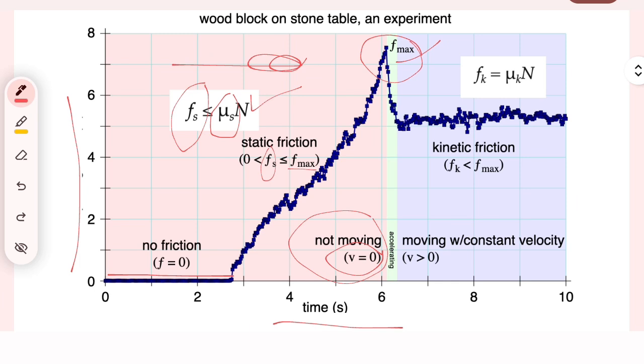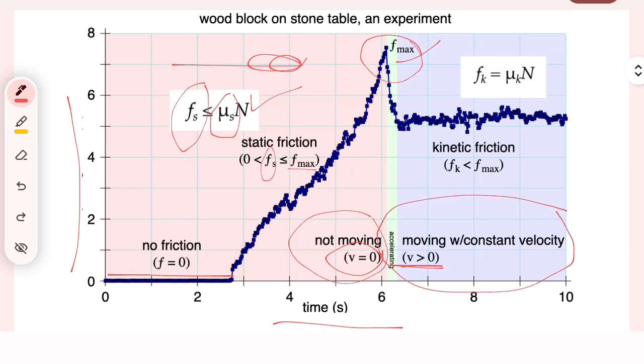Then, when the box starts moving, it would now be in this part of the graph. There is now movement of the box, which means the velocity is now greater than zero. The box is not at rest anymore. When the box starts to move, of course, there will still be friction developed between the contacting surfaces of the box and the table. But the friction happening there is not static friction anymore.